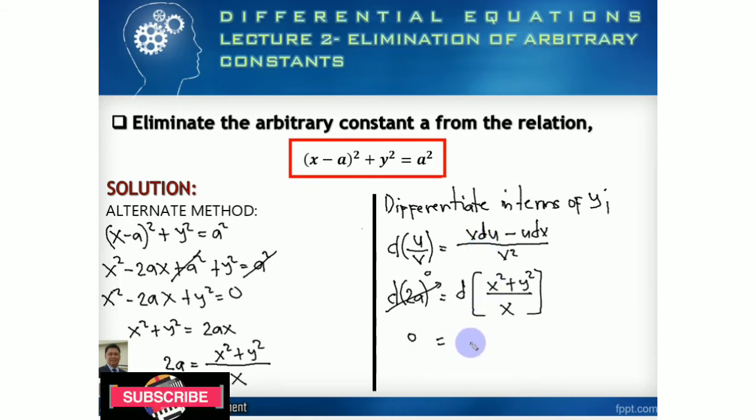Okay, so this would be 0 is equal now to, using this one, your b du. So your b here is your x, so x times the derivative of your u.